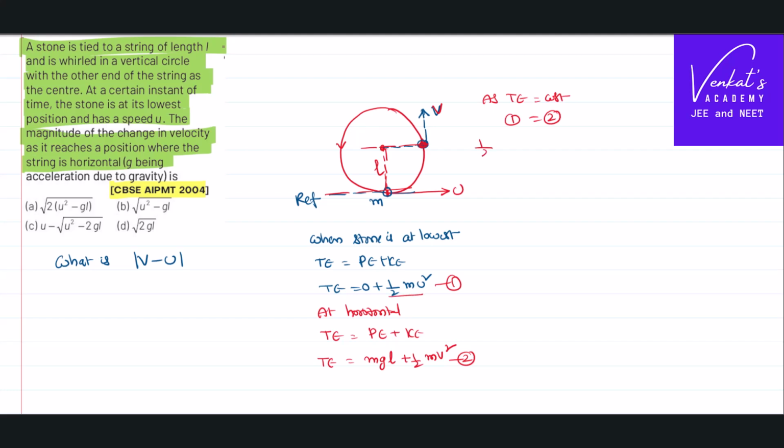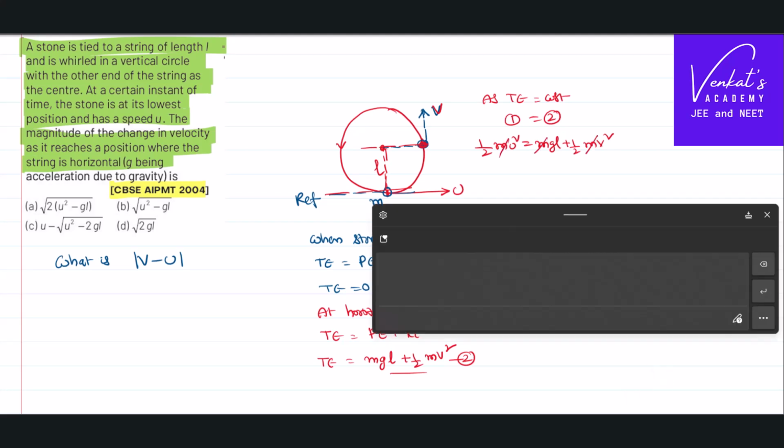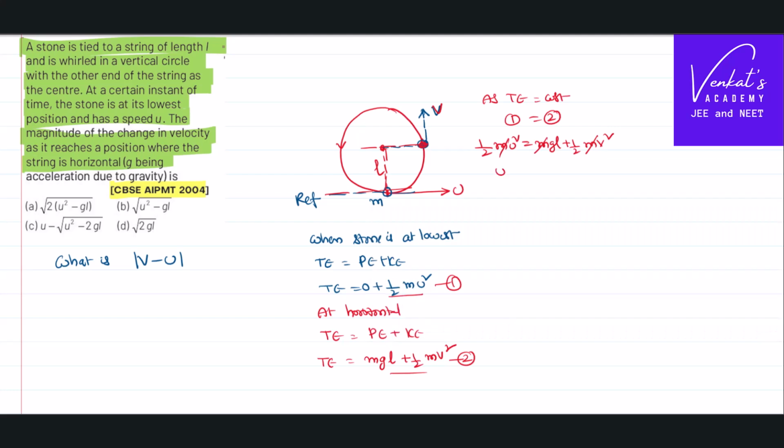Equation number 1 is half m u square. Equation number 2 is mgL plus half m v square. We want the value of v. So we can cancel m, then multiply by 2, and it becomes u square equals 2gL plus v square.